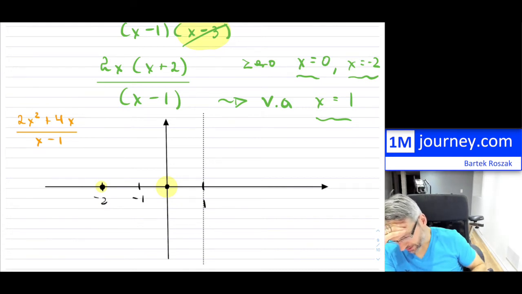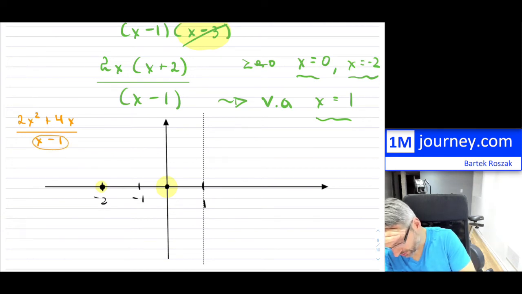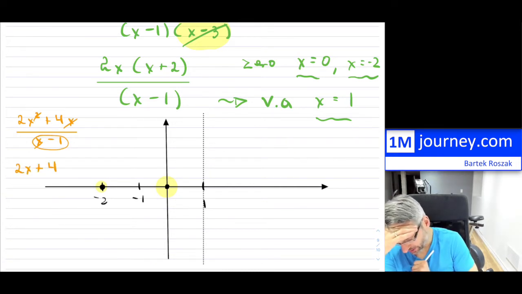If x gets really big, this thing tends towards infinity. One of those x's is going to cancel off, so it looks like we have a slant approaching 2x plus 4.